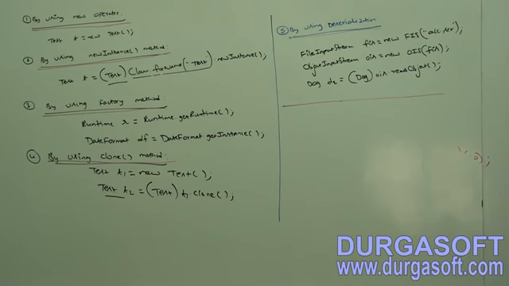Test t is equal to new Test. Test t is equal to Test of Class dot forName of Test dot newInstance.